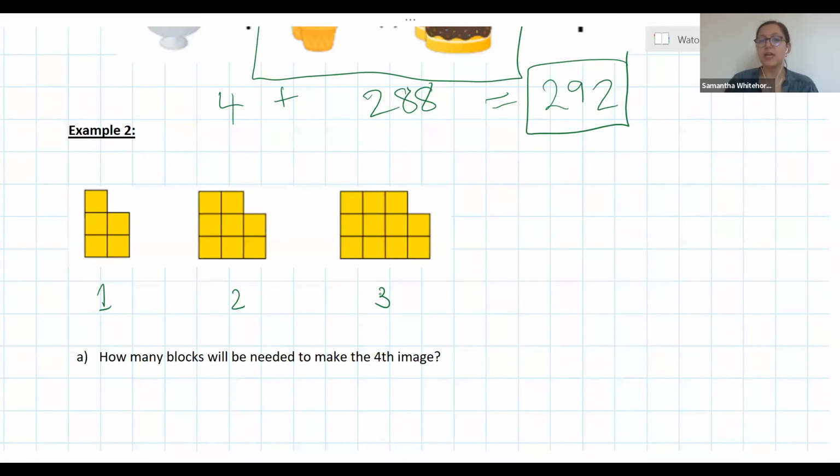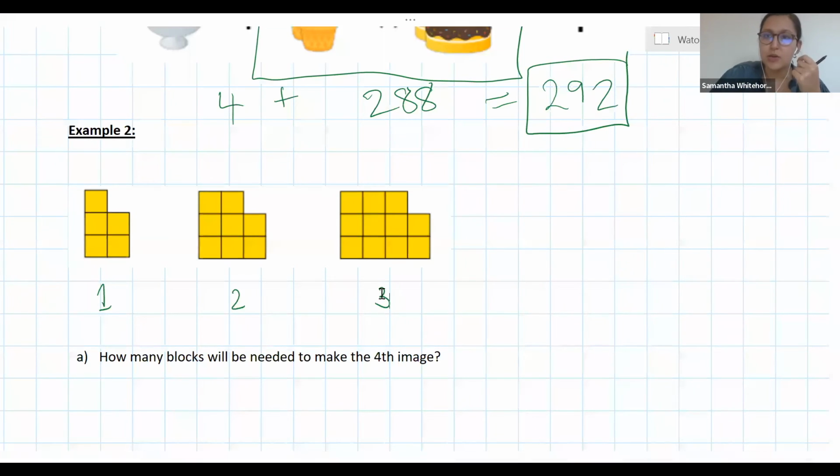Question A says: how many blocks will be needed to make the 4th image? Then I'm going to add on to that and ask what would the 4th image look like. I know that's a bit hard to describe, but you can give it a go. Otherwise, you can draw it for yourself. It's a 2-part question. How many blocks do we need for the 4th image? And then what would the 4th image look like? How would I draw it?